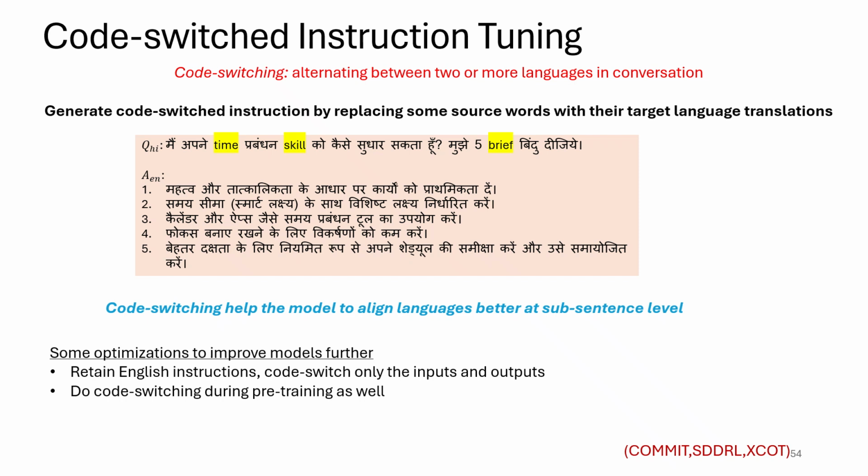And so code switching can help the model align better at the sub-sentence level. And there are some optimizations that have been done. One, when doing code switching, retain the English instructions, because the models, as we said, are good at understanding English instructions. Code switch only on the inputs and maybe the outputs. It might also be good to do code switching during pre-training as well. That's also been shown to be useful.